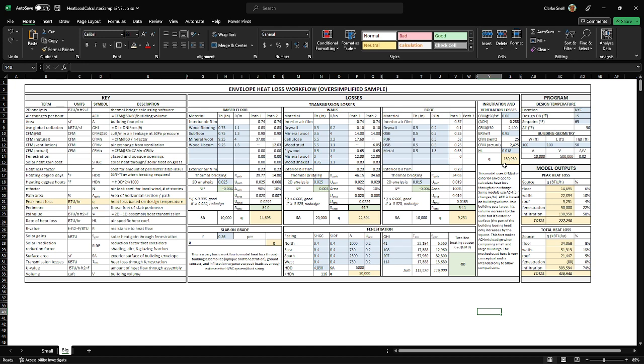Whatever, it doesn't matter. Then this also takes into consideration, I mean, it matters, but you don't need to understand it to use this tool, how efficient our energy recovery ventilation is. We'll talk about that later in the semester. We have losses from ventilation, and you adjust this based on the climate or the situation.